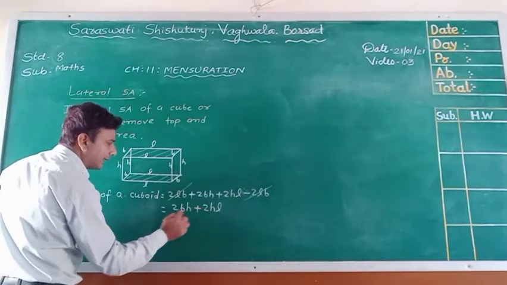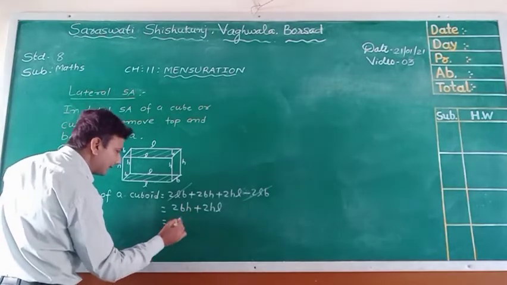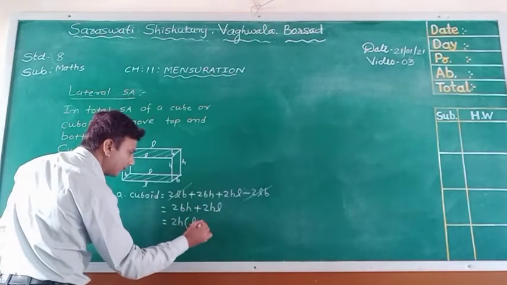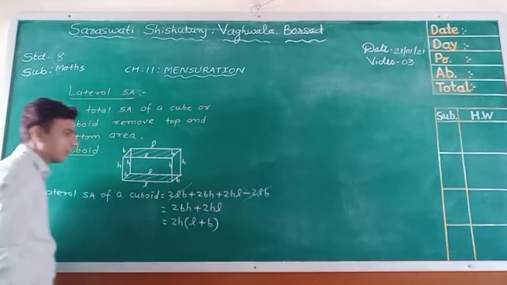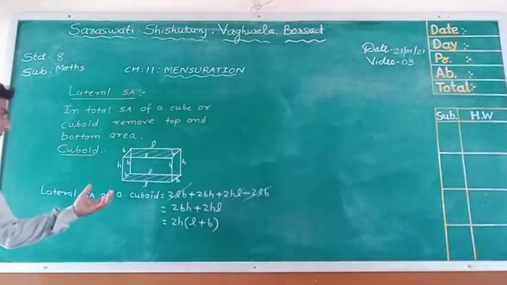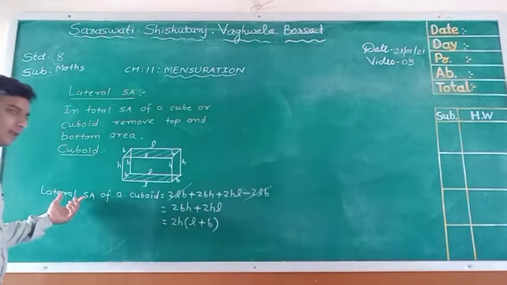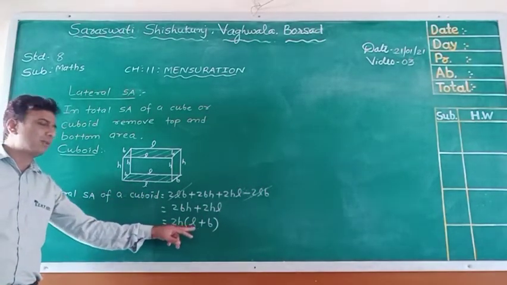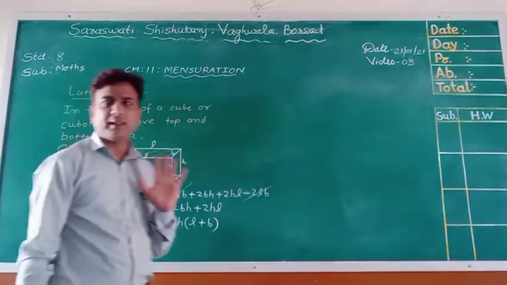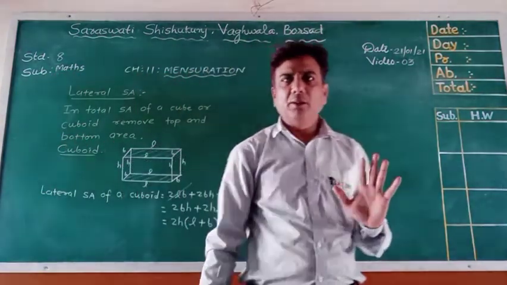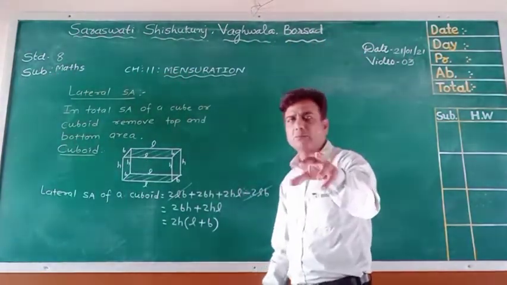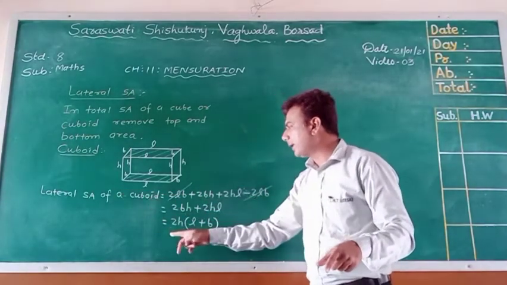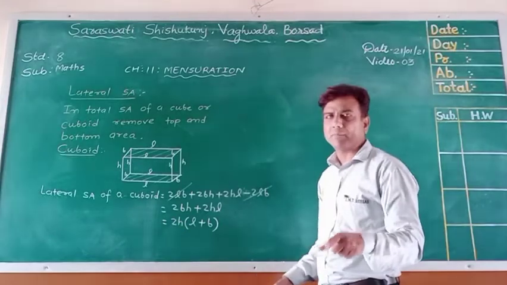Now we can take out 2H common, so the remaining part is L plus B. So we got our formula: lateral surface area of cuboid equal to 2H in bracket L plus B. Very easy, beta. Clear? Students, you have to learn this formula by heart.